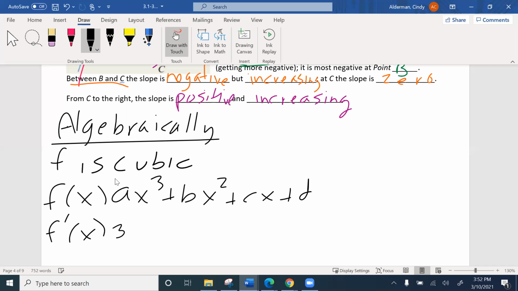So you would have 3ax squared, right, using the power rule. We're just taking 3, multiplying it by the coefficient, and reducing the power by 1. And then to differentiate bx squared, it would just be 2bx. And then since the x has a positive 1 power, we know that the derivative of that term is going to be just the coefficient c, and d is meant to be a constant, and we know that the derivative of a constant is 0.